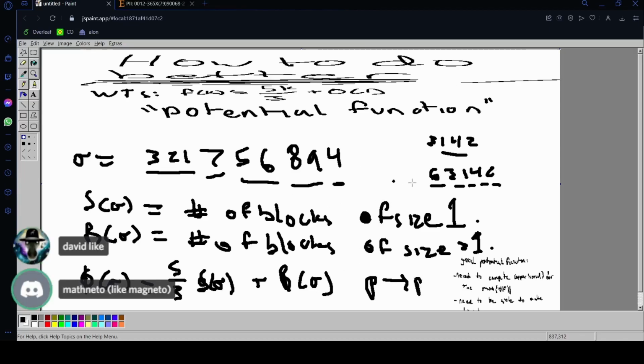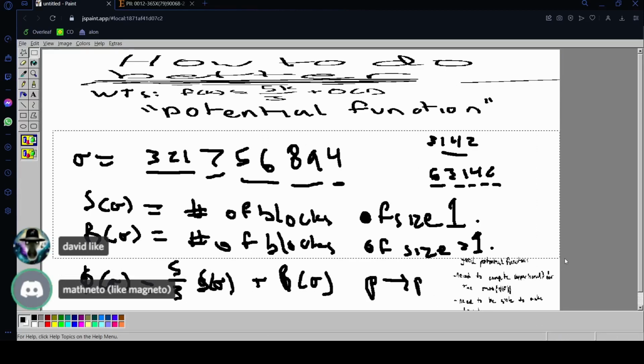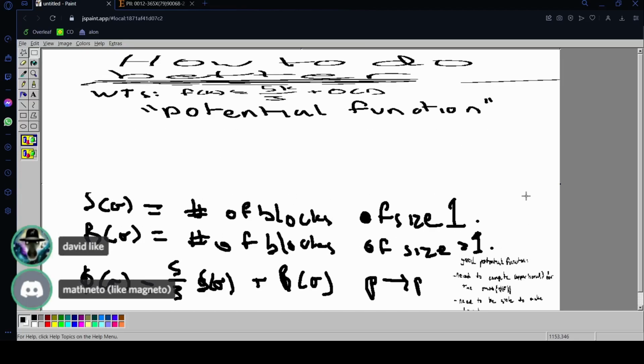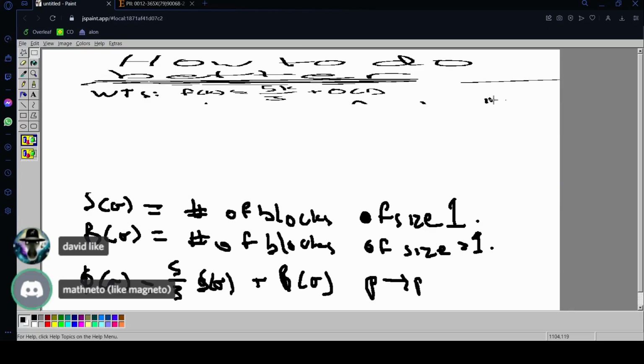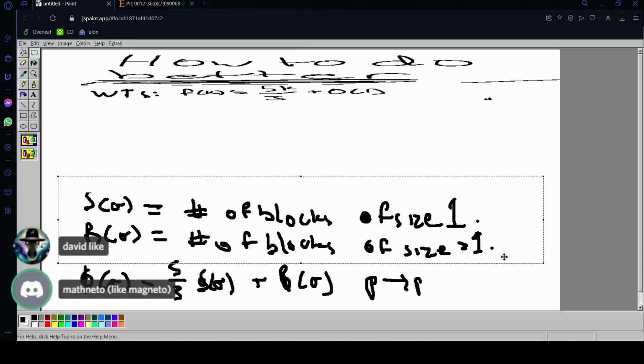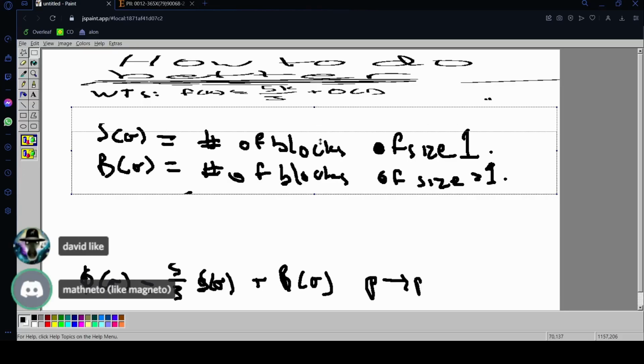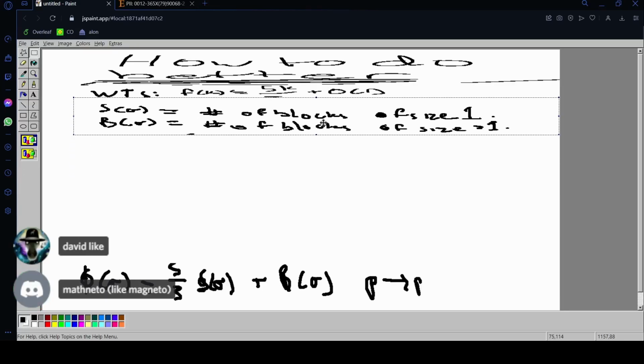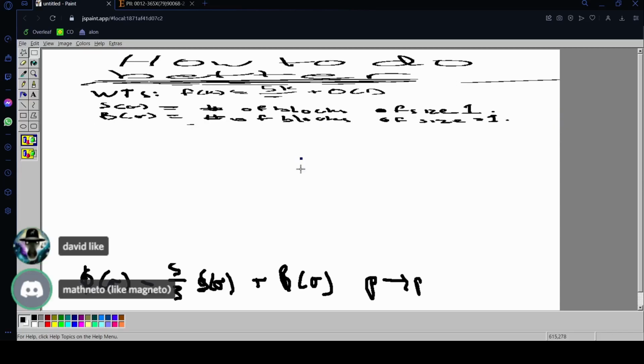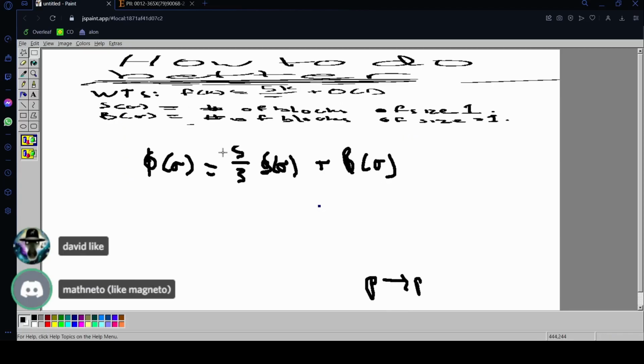And then separately, I should start a new thing. So we'll have S sigma, B sigma, R, and this is the kind of phi they're using.